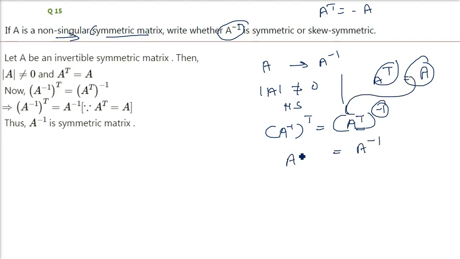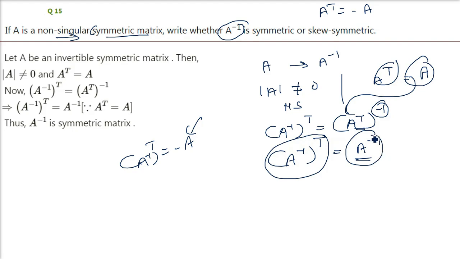So when you take the transpose of A inverse and you get A inverse in return, that means this A inverse is symmetric. If it were skew symmetric, A inverse transpose would be equal to minus A inverse. But since we get this equation, it is a symmetric matrix.